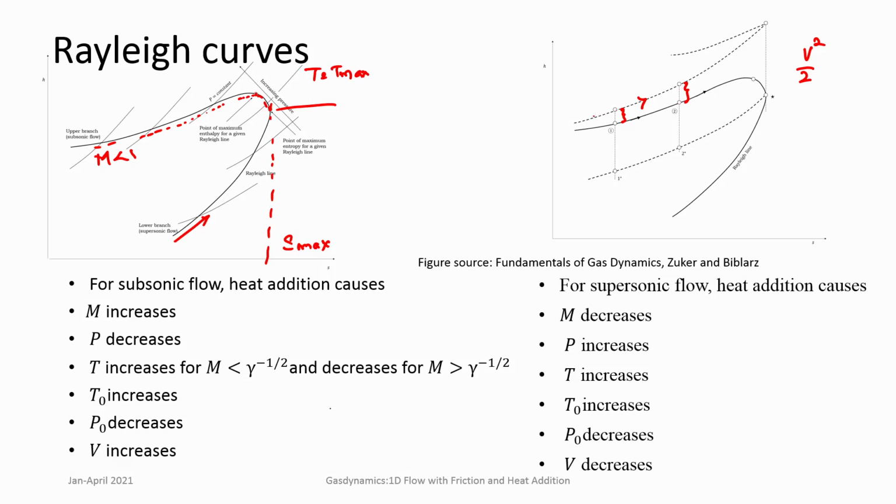So, the lower one corresponds to Mach number less than 1, while the upper branch corresponds to Mach number greater than 1, and they reach a cusp, a point at which maximum heat can be added, and that particular cusp corresponds to the point where entropy is maximum, S is equal to S max. Okay. Then Q is equal to Q max, the maximum heat that can be added.